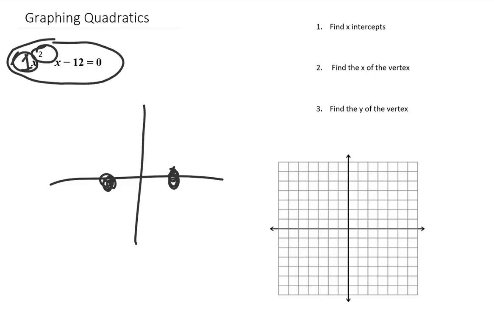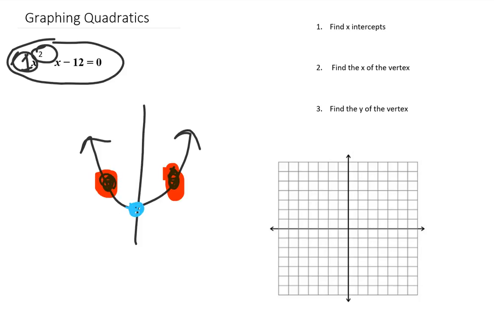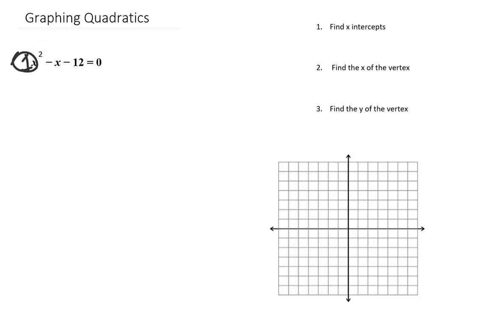Since it's positive, it's going to be facing upwards. So I've got an idea of what that looks like. What I need to find now is what these two values actually are, and then the final thing is, where is this vertex? Once I find those three things, I can graph this with no problem.